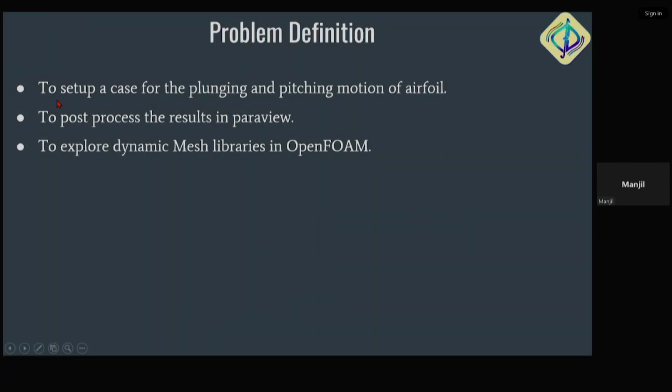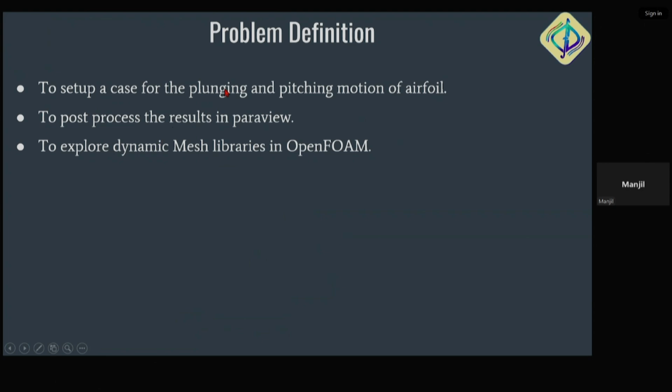I have planned to set up a case for the plunging and pitching motion of the airfoil, but we will first deal with the plunging airfoil case, and if time permits, we'll move to the pitching motion. Then we'll post-process the results, seeing the velocity contours and vorticity contours, and plot the aerodynamic coefficients in ParaView.